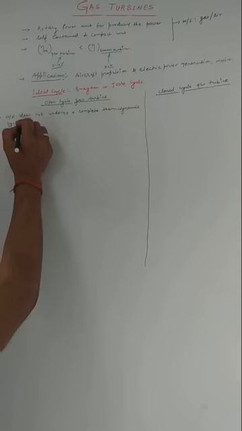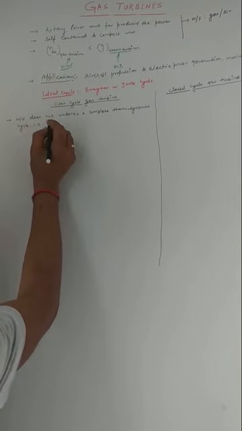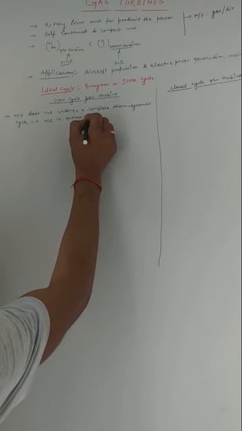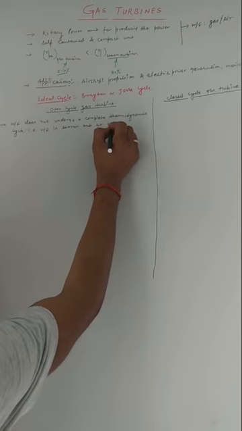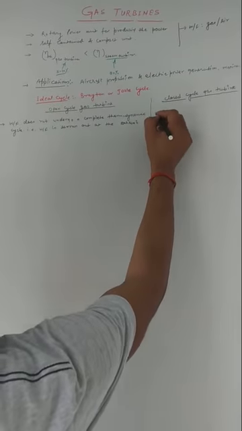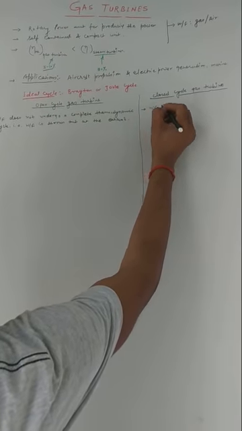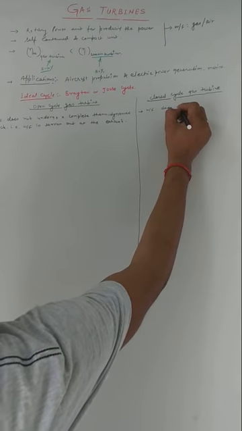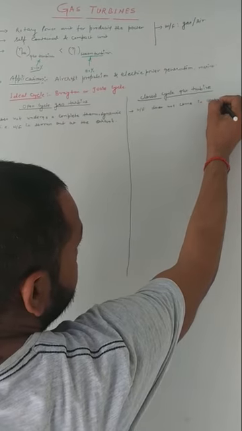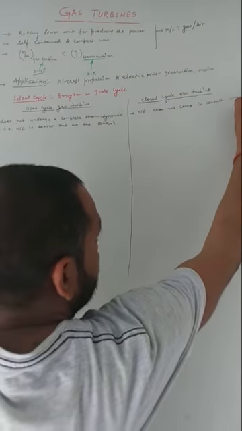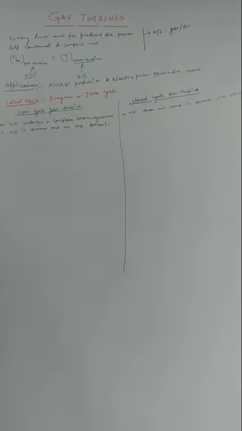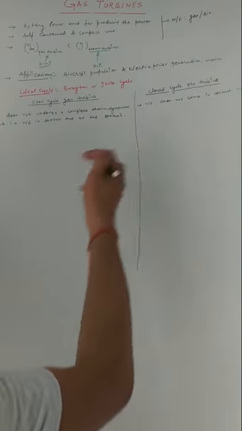Okay, that means the working fluid is thrown out at the exhaust. In case of closed cycle, the working fluid does not come in contact with the atmosphere. That means the working fluid is retained in the cycle and it is recirculated.